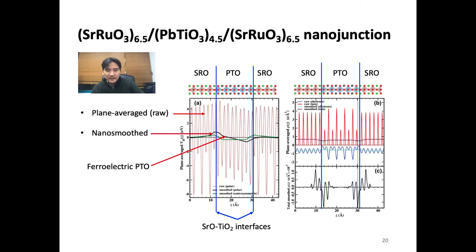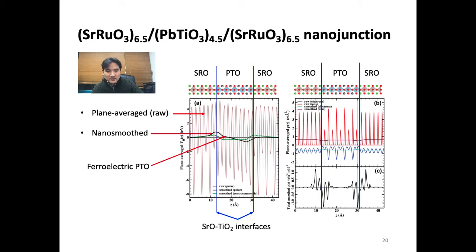Now, the next slide shows a further development of this SRO-PTO-SRO nanojunction. In the former slide, it was non-polar, but here we also included polar cases where you develop an internal electric field. This is the depolarization field, which is in the opposite direction to the spontaneous polarization that we set up in the slab.